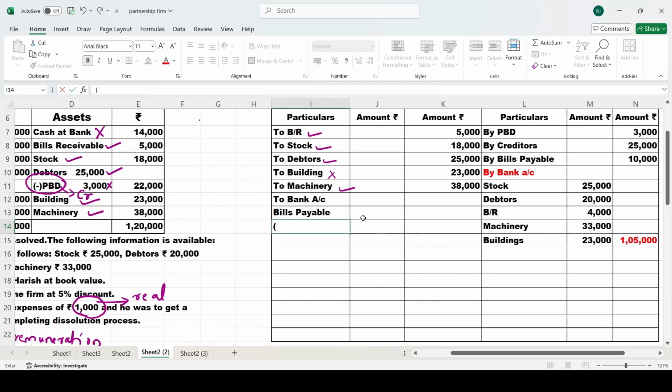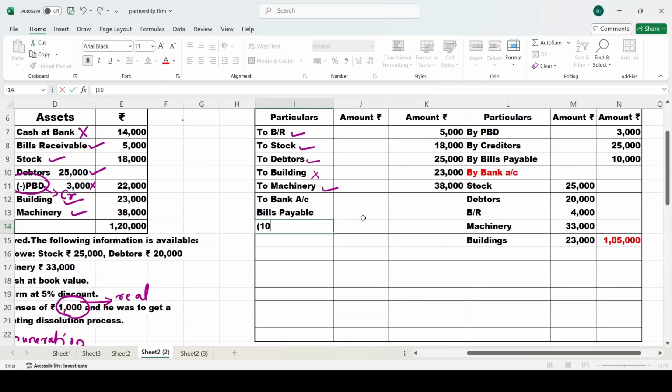So what is the bills payable value? 10,000 minus 5%, which comes to 9,500. You can ask me, ma'am, why are you taking it in the second column? Because here we have only one item, no? That's why we are taking it to the second column.